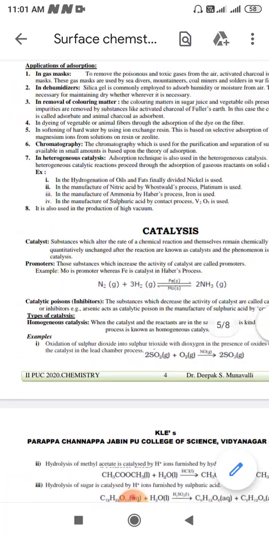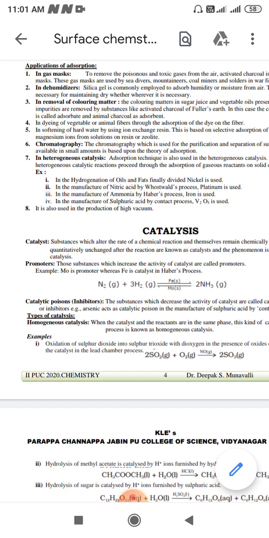The term itself says promoter means which promotes the efficiency of the catalyst, which helps the catalyst to make the reaction faster, still faster. That is known as a promoter.